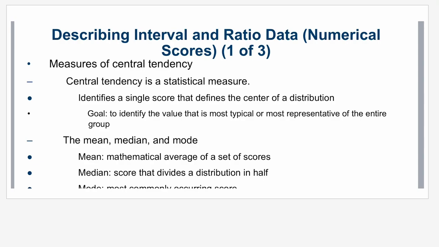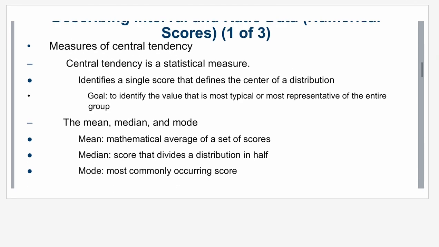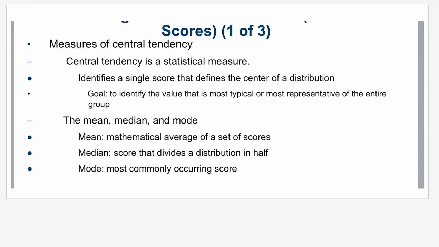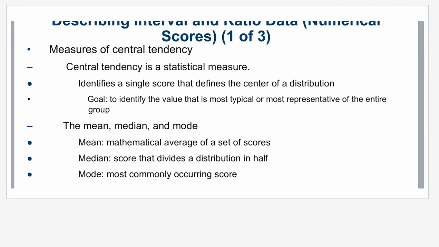It is either the most typical or the most representative number, and the average is usually a great way to do that. Mathematically, it is called the mean. Hopefully you've heard that before. But mean, average, same thing.